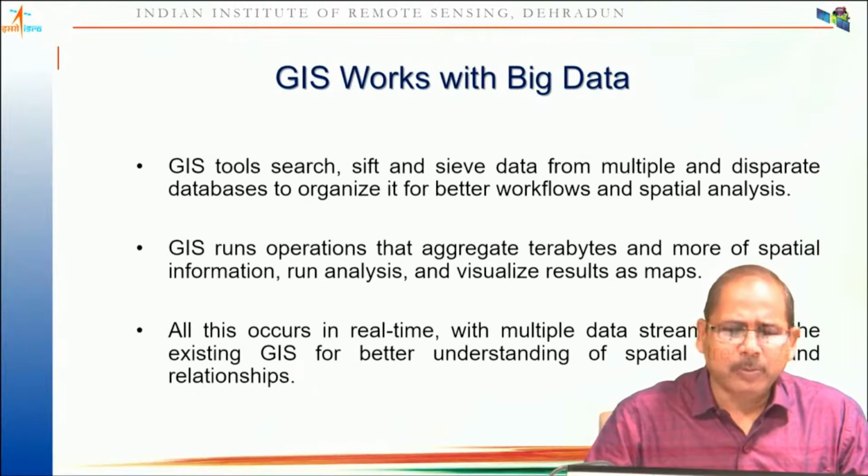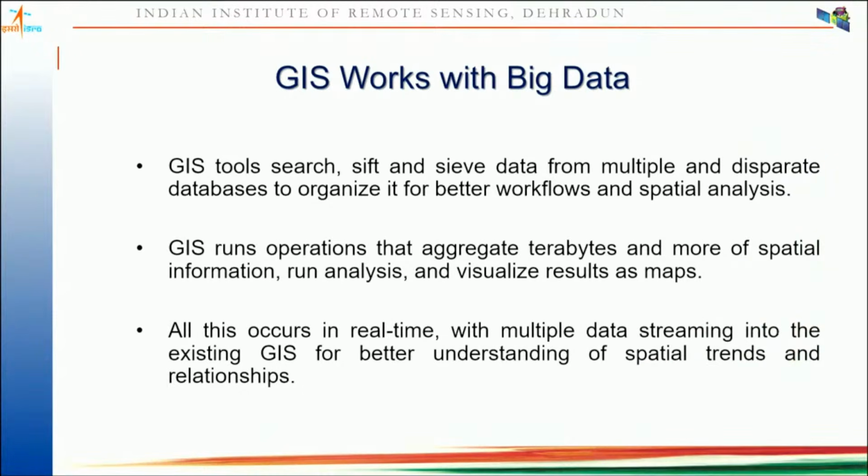This is almost the last one for this particular topic. How does it work? GIS, as I told you in the beginning itself, is one of the very good examples of big data. A number of GIS tools search, sift and sieve data from multiple and disparate databases to organize it for better workflow and spatial analysis.